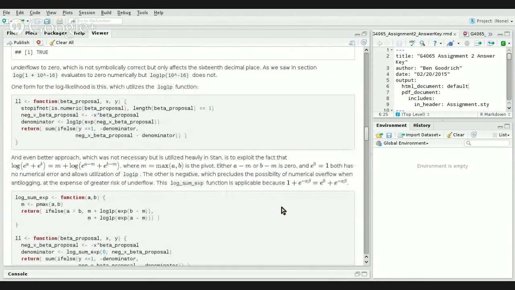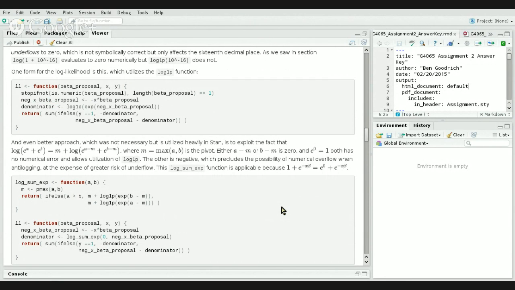As we talked about last time, it's good to use the function log1p when having to calculate logarithms involving a construction 1 plus something. And the logistic link function can be defined as 1 divided by 1 plus e to the negative x beta. So that has a construction that's consistent with the log1p approach.